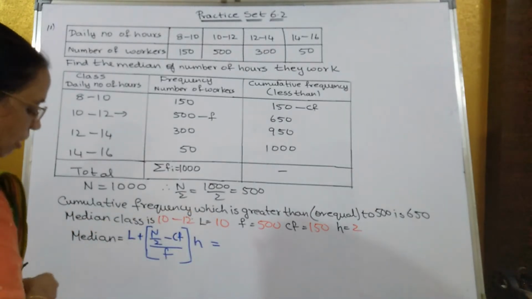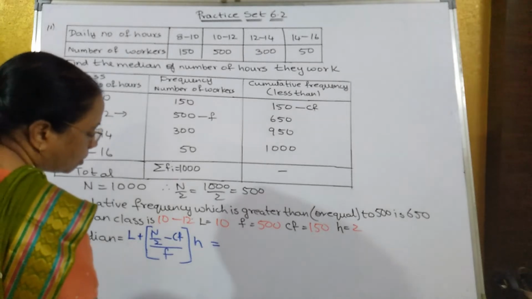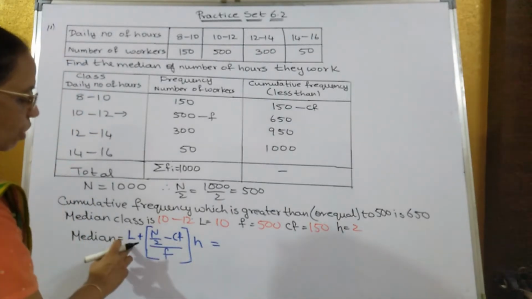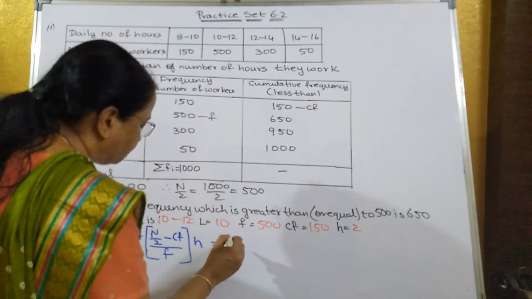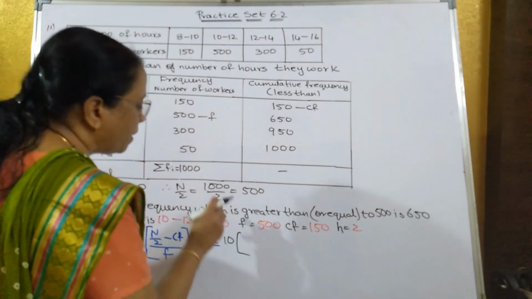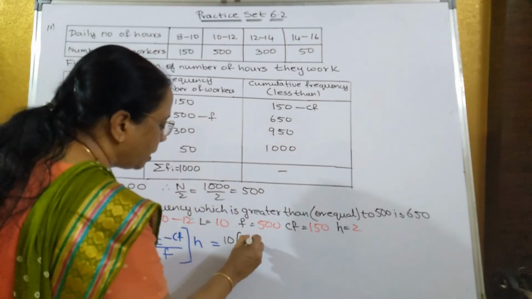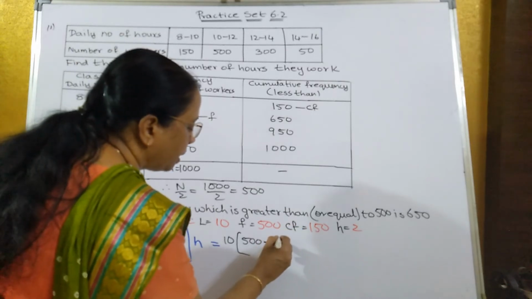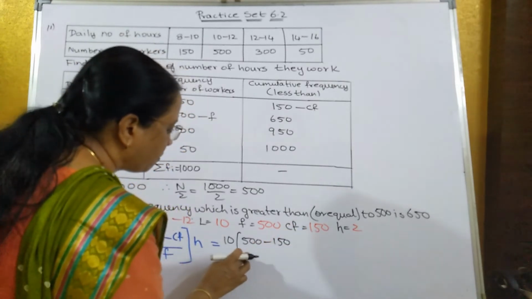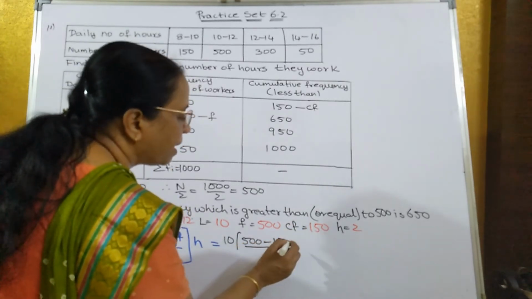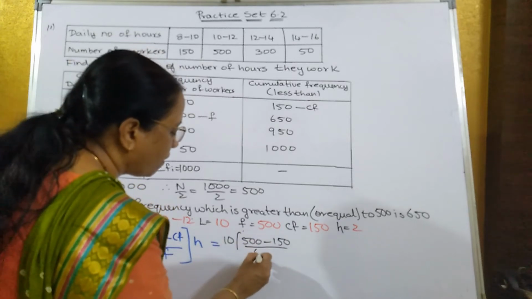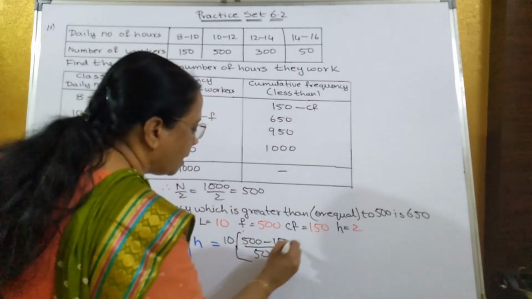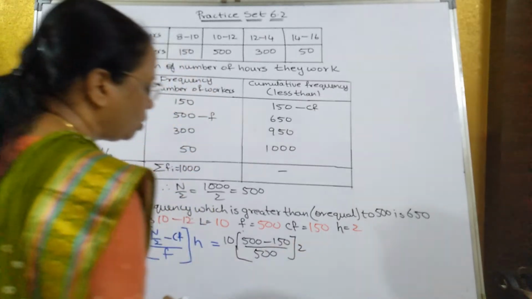Now the median formula is L plus N upon 2 minus CF upon F into H. What is L? 10. N upon 2 we have got 500, minus CF is equal to 150, upon F. F is equal to 500, into H. H is equal to 2.